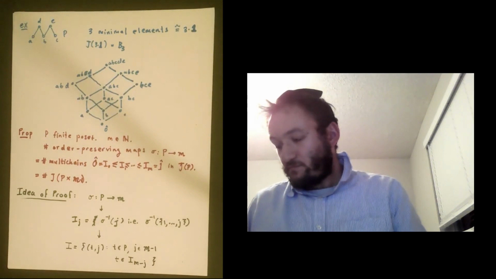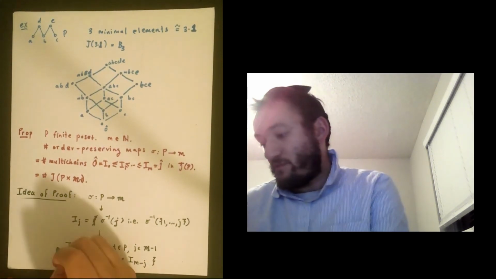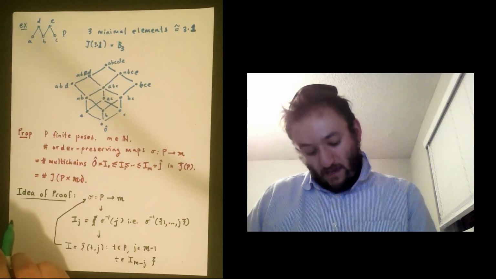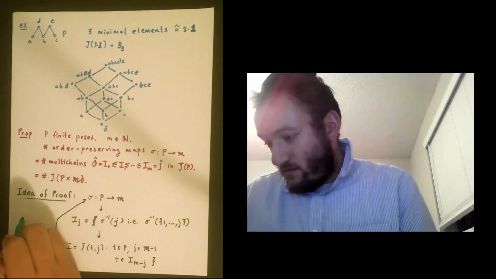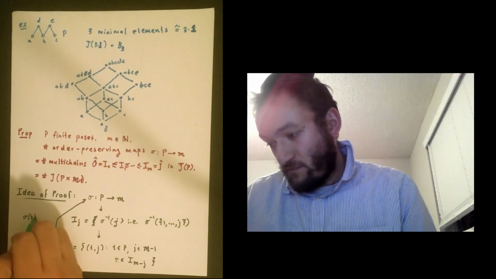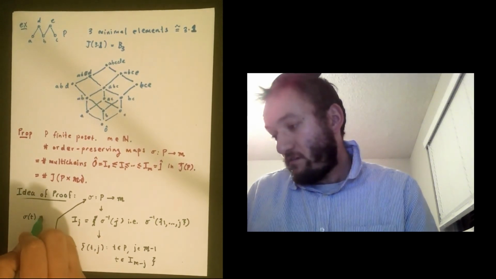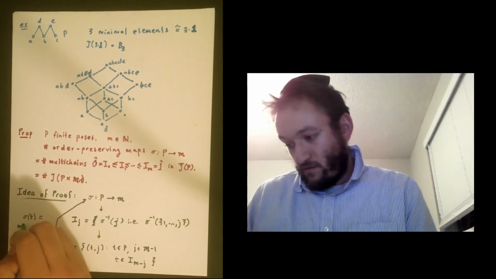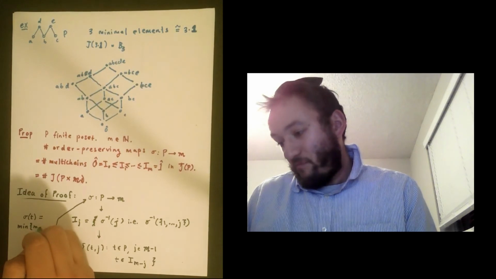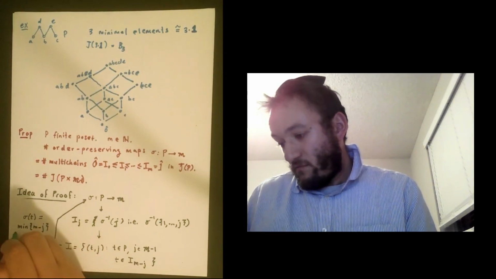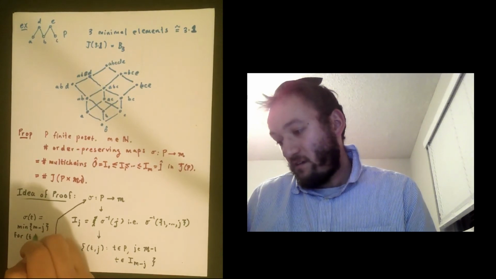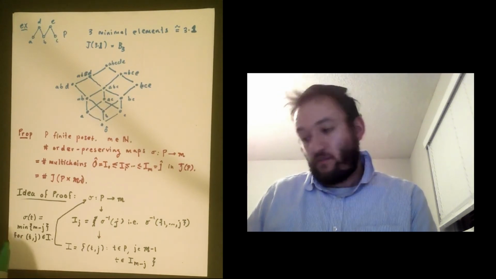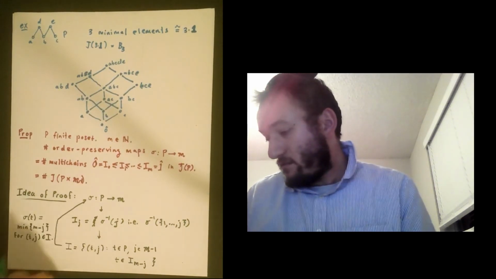Then the way you go from here to an order-preserving map is you take sigma of t for t in the poset P. Sigma of t will be given by the smallest value of M minus j for (t, j) in I, i.e. j is varying over all pairs (t, j) in I.